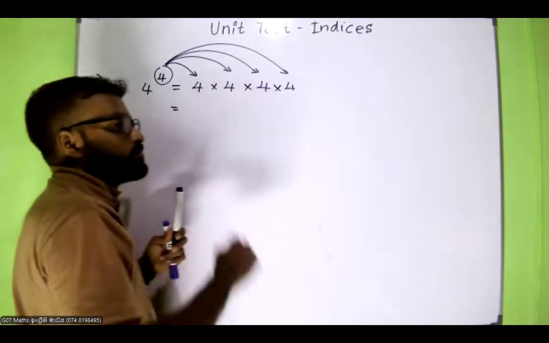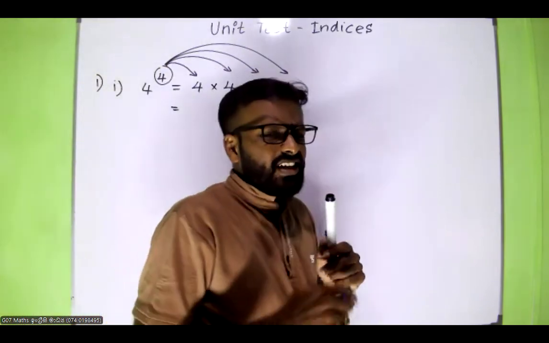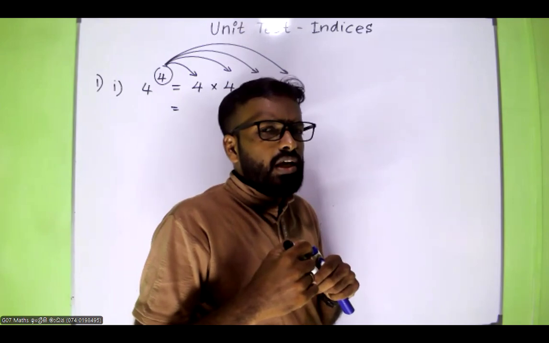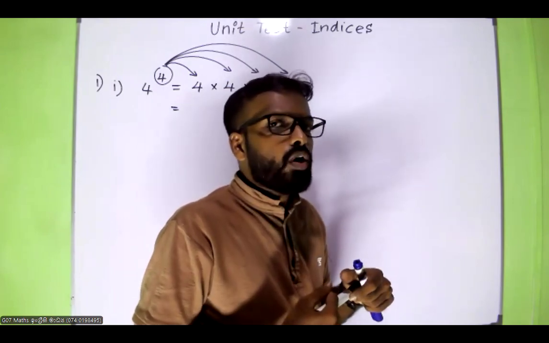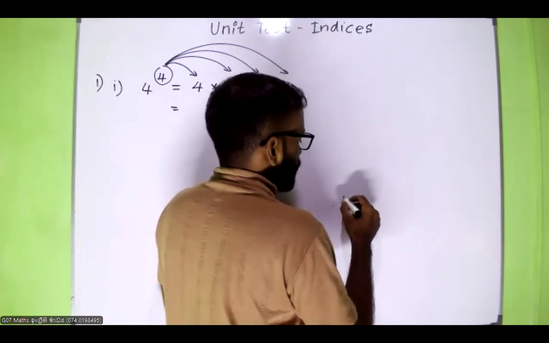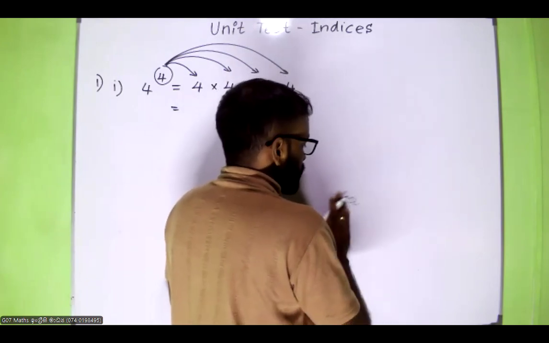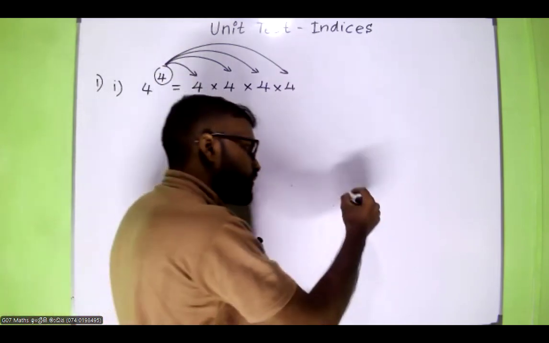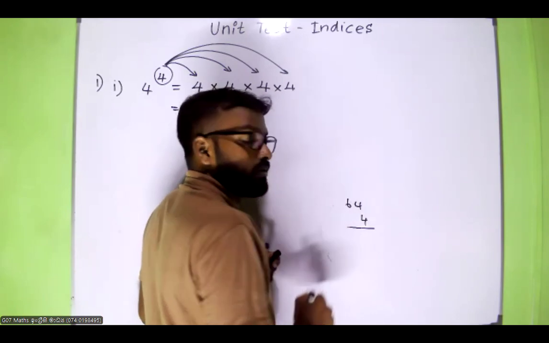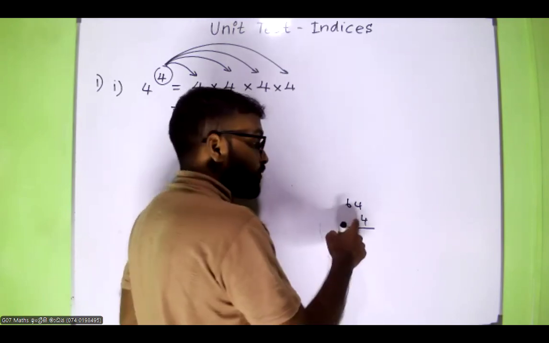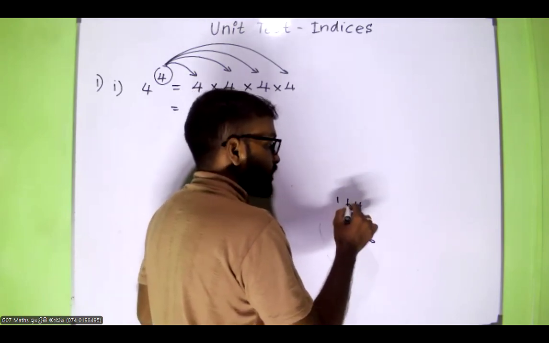4 times 4, 16. 16 times 4, 64. 64 times 4: 4 times 4, 16. 4 times 6?